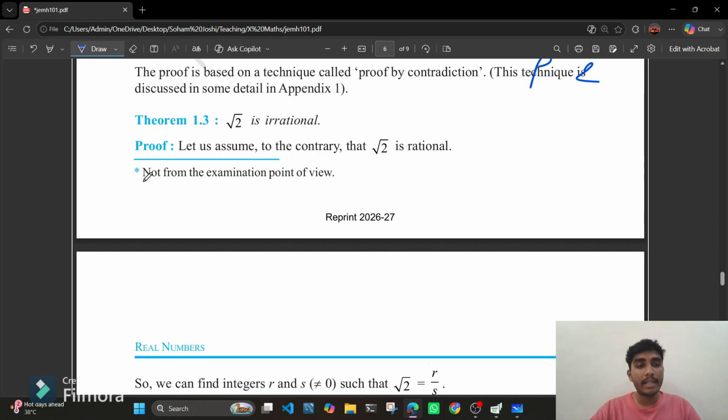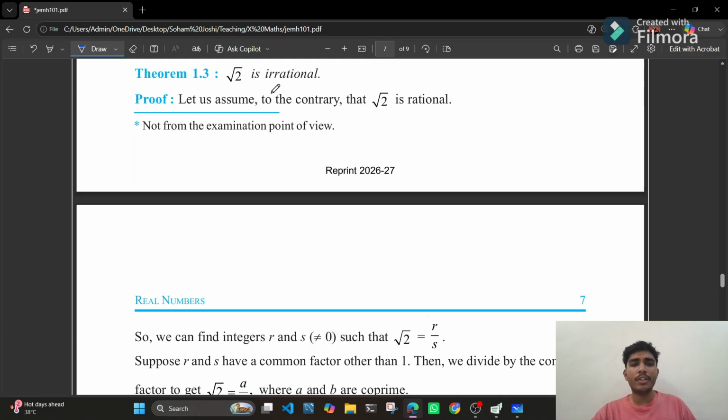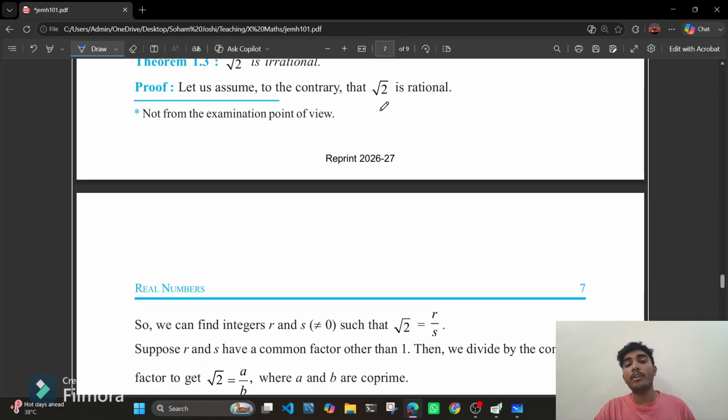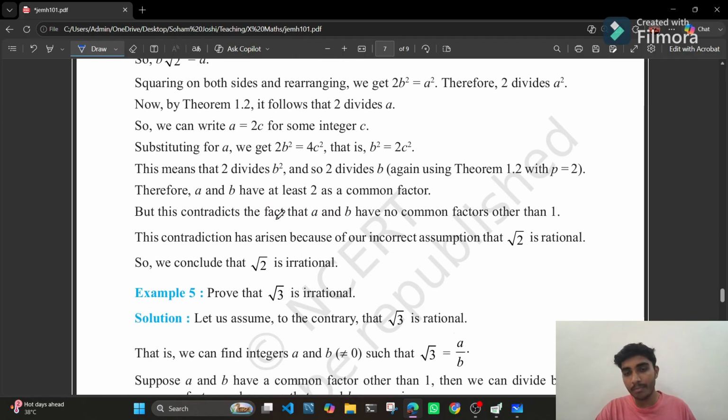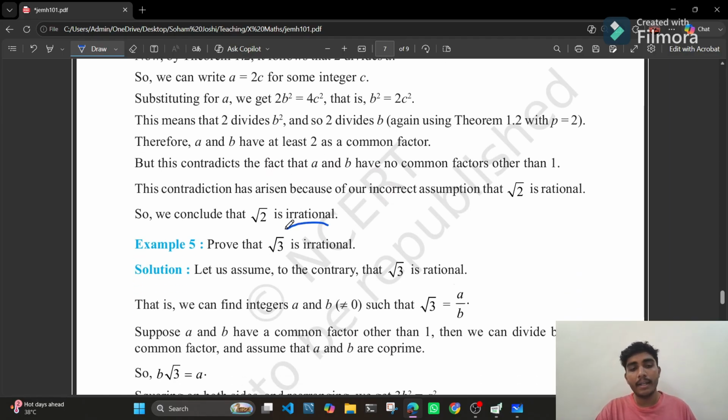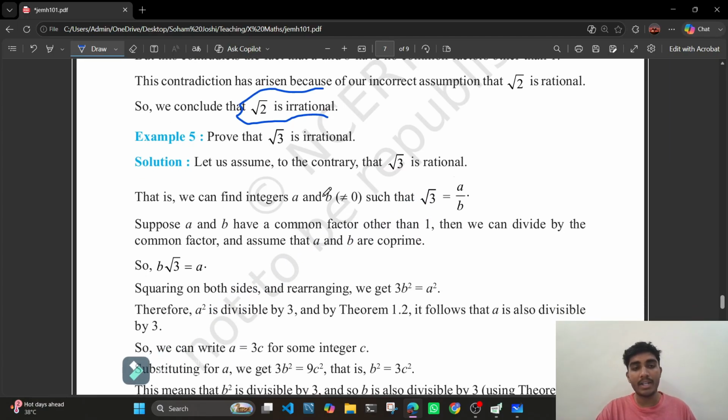If not, please let me know in the comment section, and I'll make another video to explain why root 2 is irrational. To prove root 2 is irrational, we assume the contrary, that is root 2 is rational. Moving further, we'll get to know that root 2 is not rational, so it obviously becomes irrational. This is how we prove that root 2 is irrational.